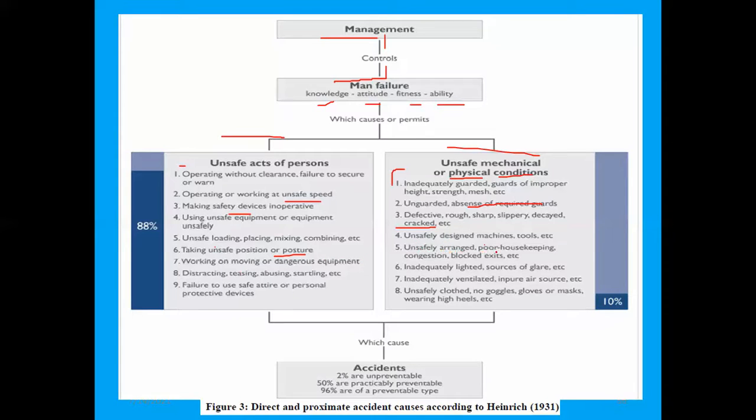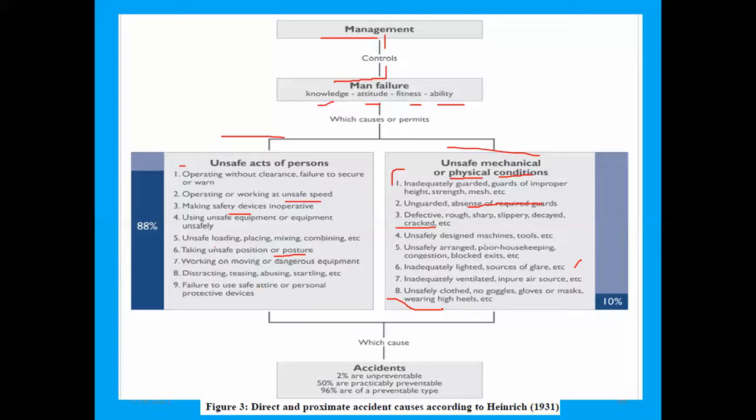Unsafely arranged, poor housekeeping, congestion, blocked exits, etc. Next, distracting, teasing, abusing, startling other persons, etc. in the factory. Inadequately lighted sources of glare, etc. Failure to use safe attire or personal protective devices.